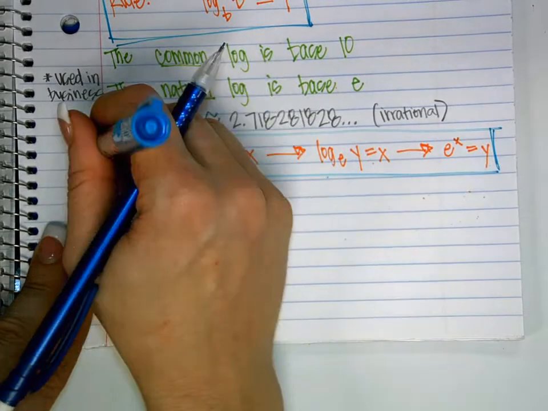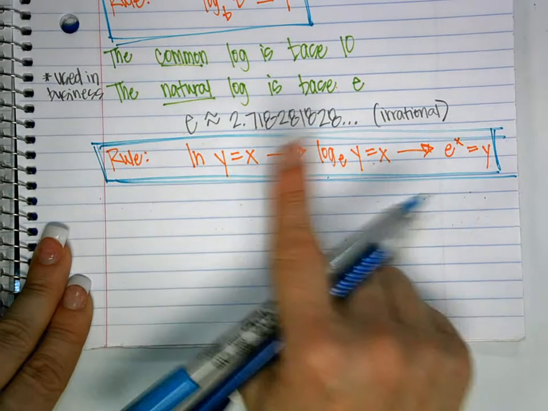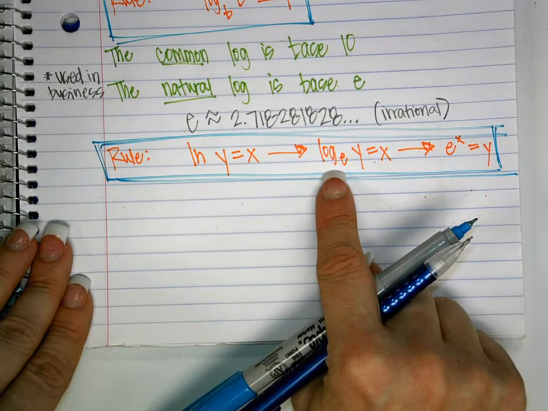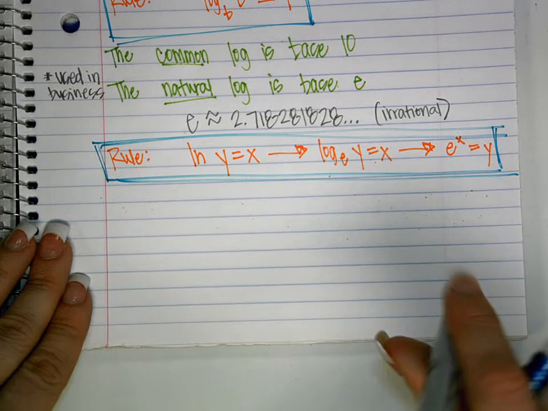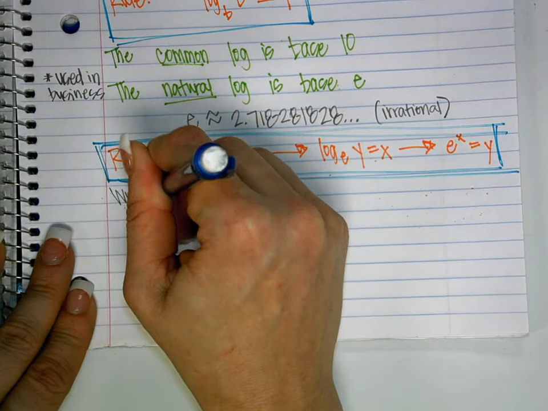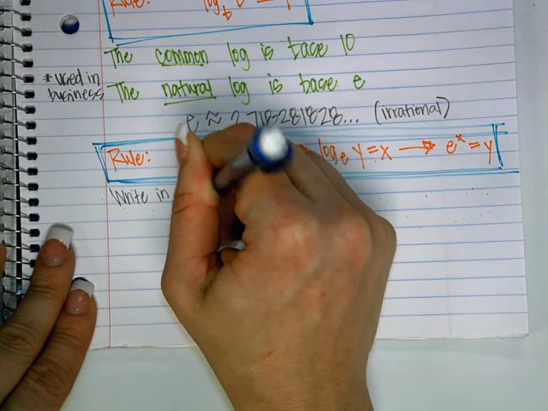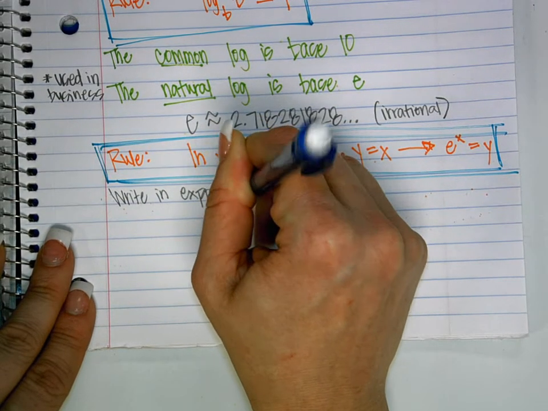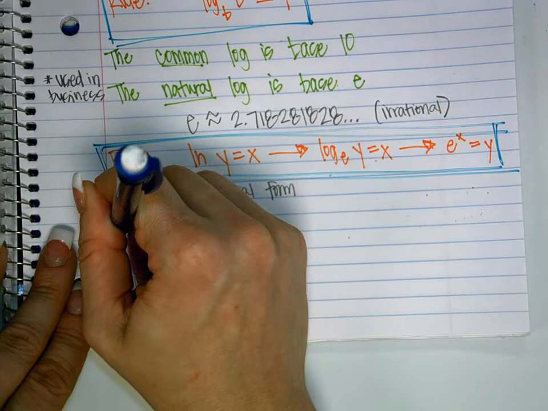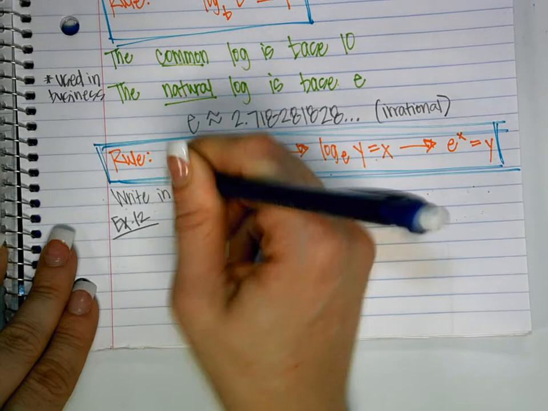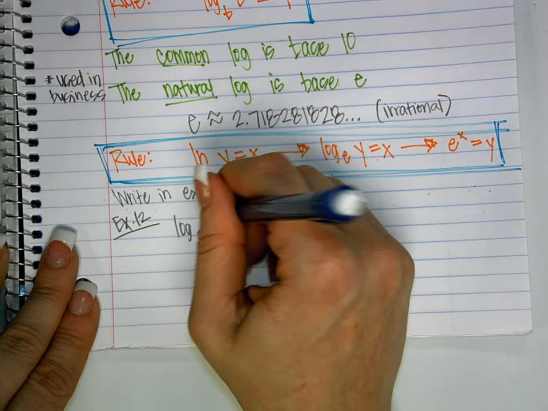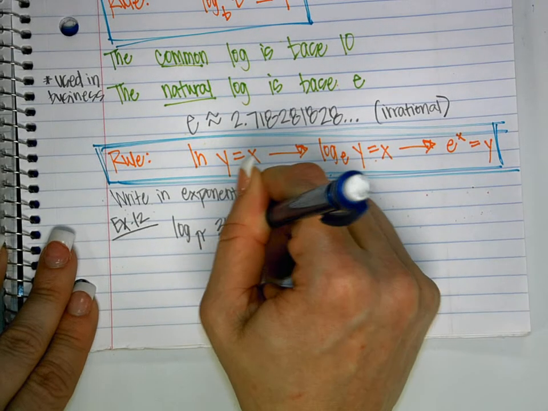Okay, so natural log of y. Anytime you see natural log y, we replace it with log base e. Then you can rewrite it in exponential form. If I ask you to write in exponential form, we are not solving, we are not simplifying. All you're doing is rewriting in exponential form. For number 12, write in exponential form log base pi of 31.01 equals 3.